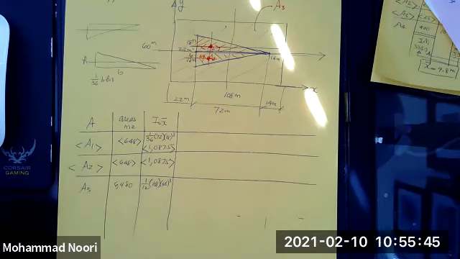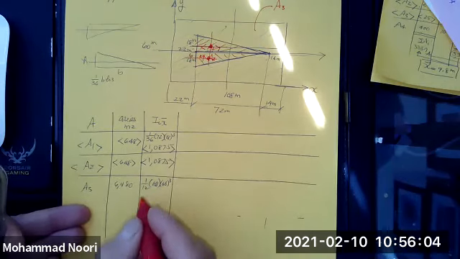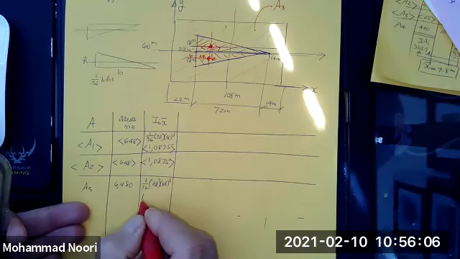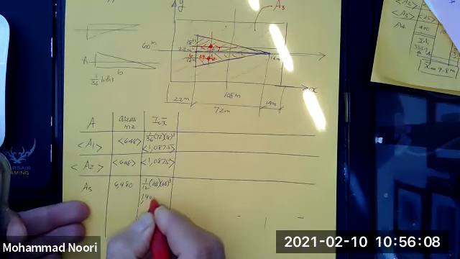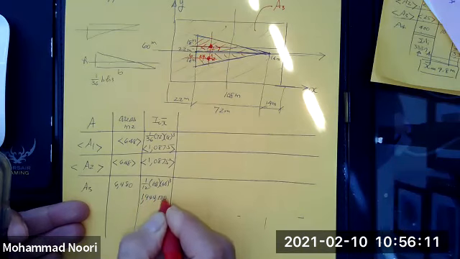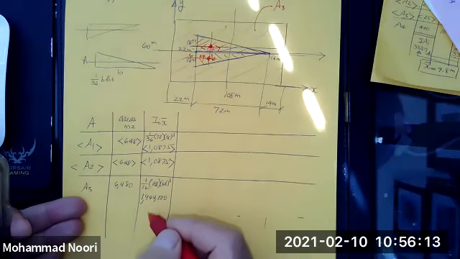Let me double check. So we have 60 cubed times 108 divided by 12. It comes out to be a very large number, 1,944,000. But that's not what you want.